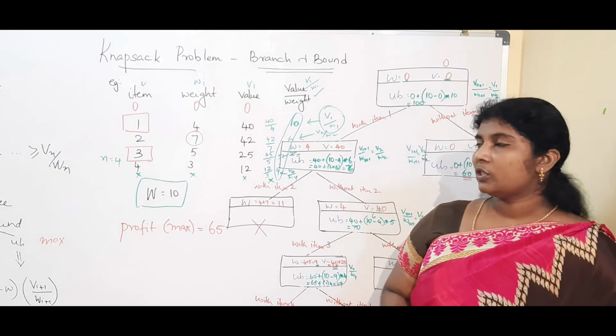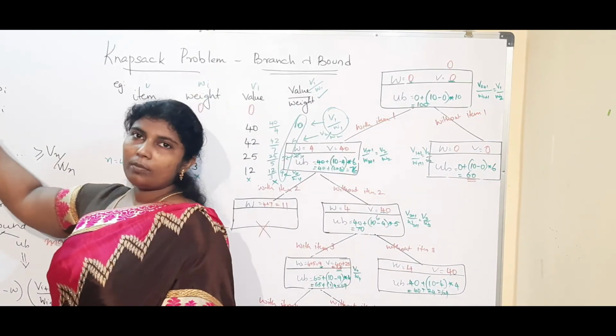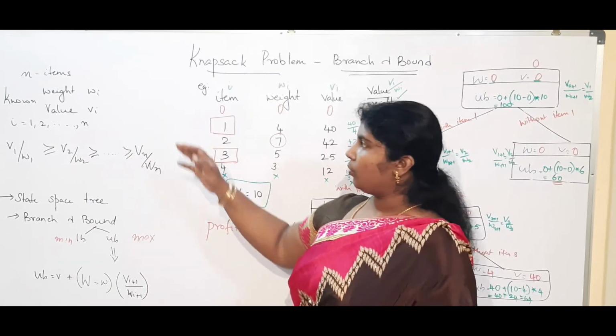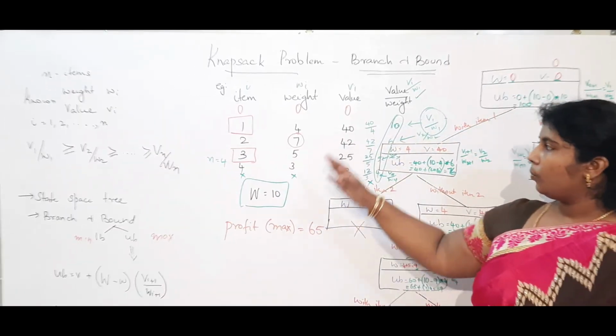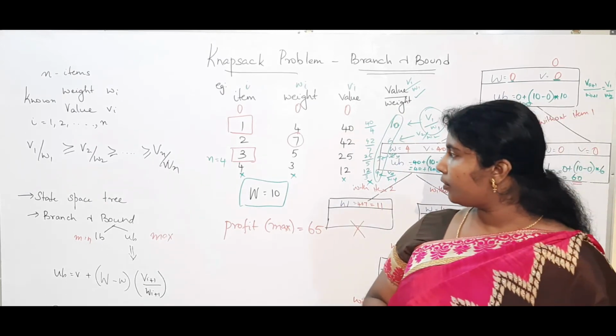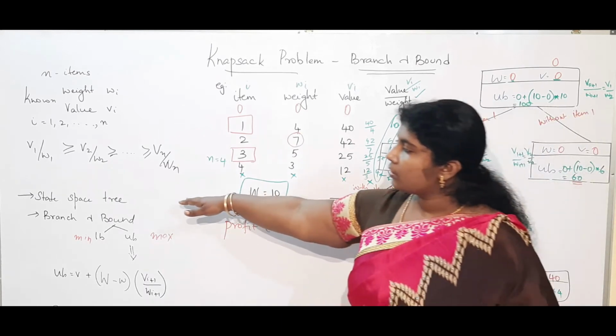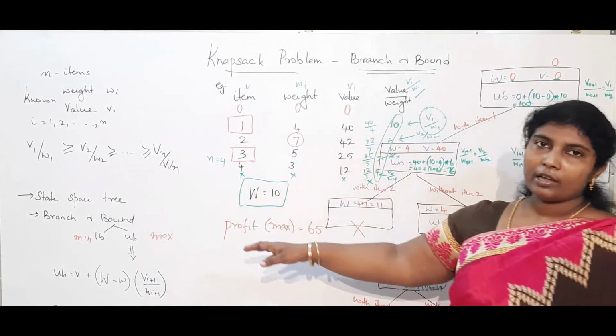Okay, so just a summary of what we have learned. Knapsack problem, with n items where weight and value are known. We arrange it in order that the first item is with the maximum profit and the next one at the last item. We use the concept of state space tree, branch and bound.